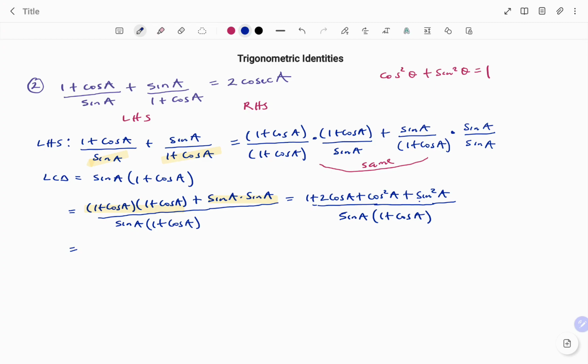So I have cos squared A plus sine squared A giving me 1.